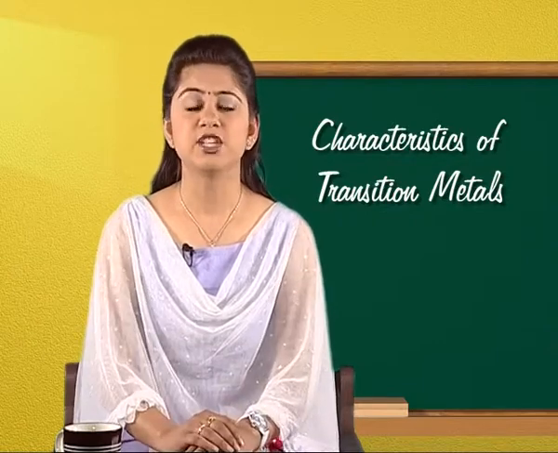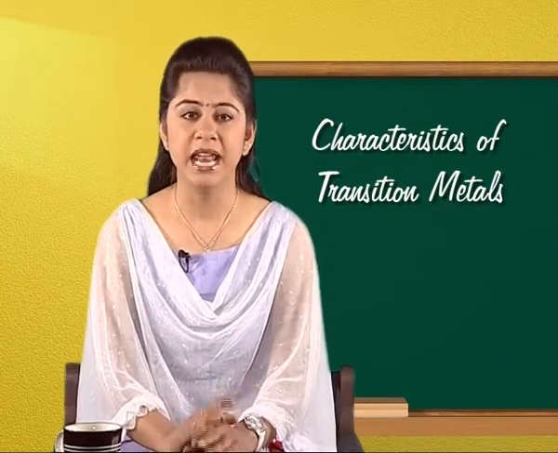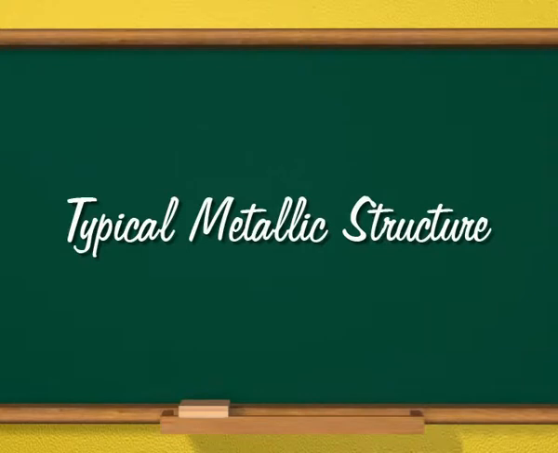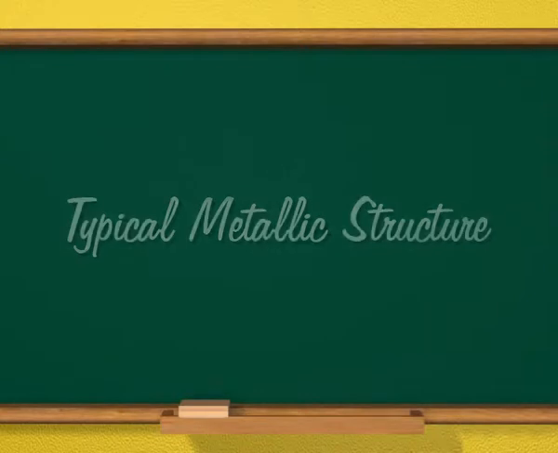Let's take up the characteristics of transition metals. All the transition metals except zinc, cadmium and mercury exhibit several characteristics. Some of these are: all transition elements show a typical metallic structure except for mercury, which is liquid.